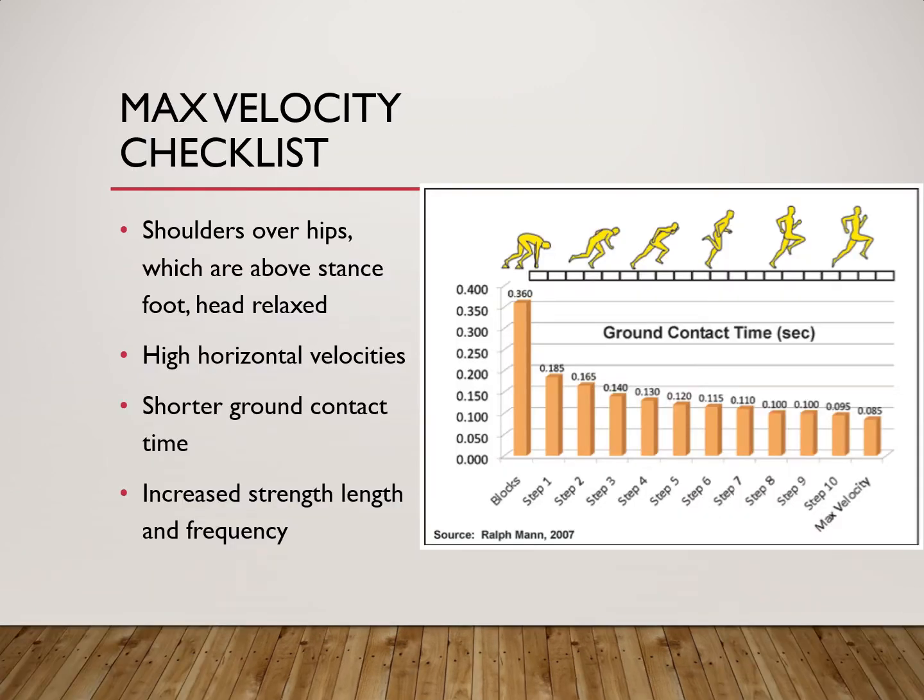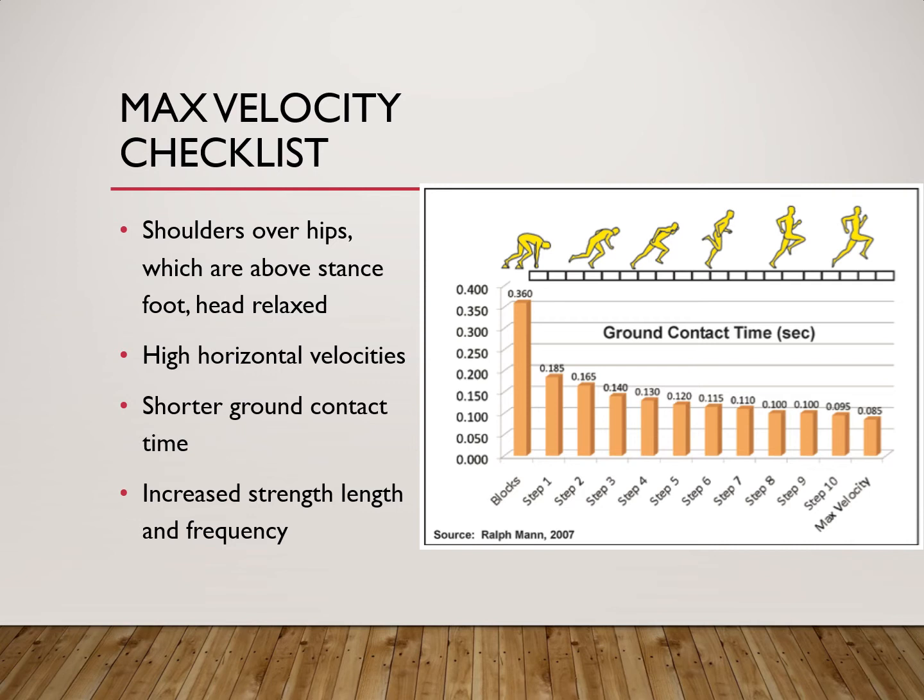Now, from a maximum velocity perspective, we want to think about having our shoulders over our hips, which are over our feet, head relaxed, with high horizontal forces and much shorter ground contact time, and this can also lead to a significantly increased stride length.